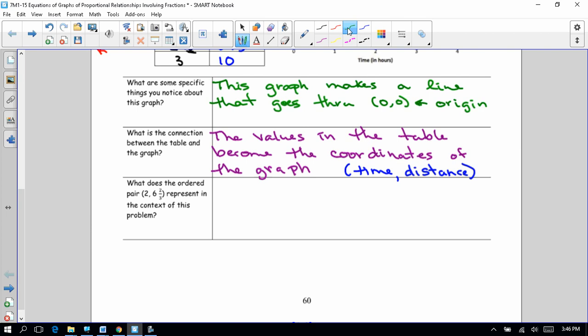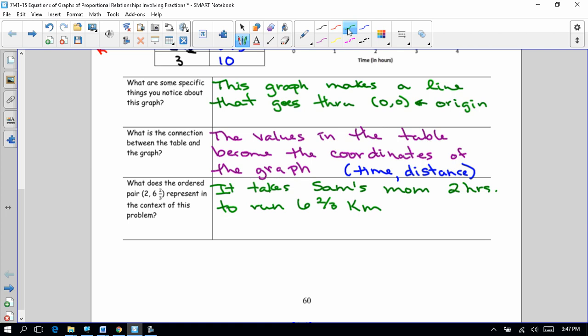In other words, it takes Sam's mom 2 hours to run 6 2/3 of a kilometer. That's what that says to me.